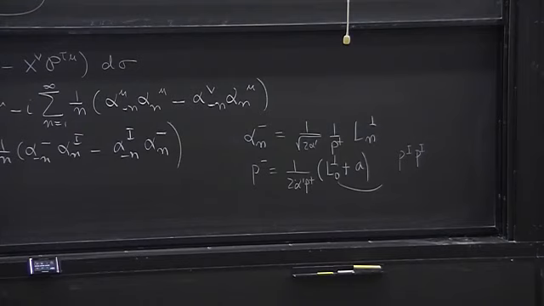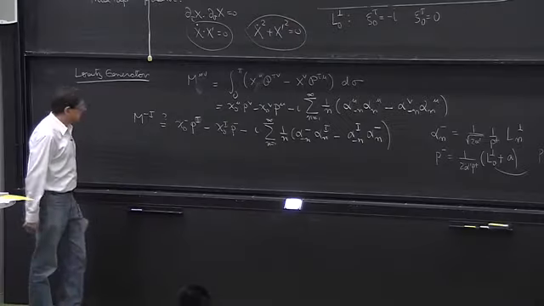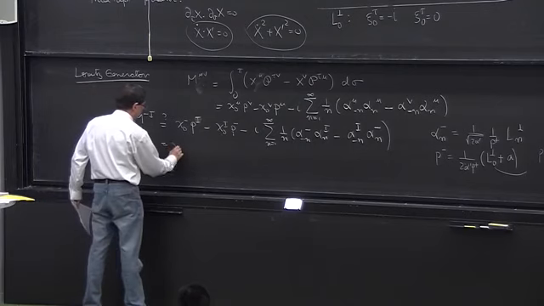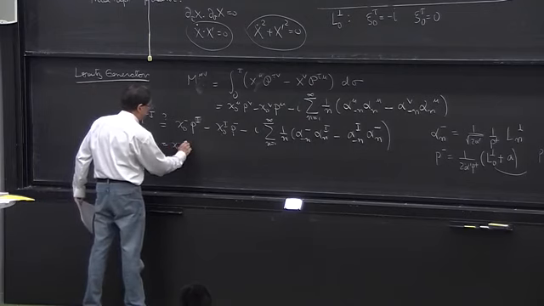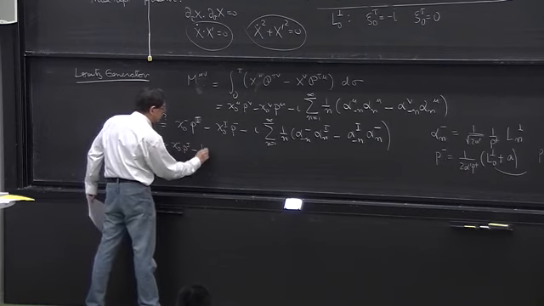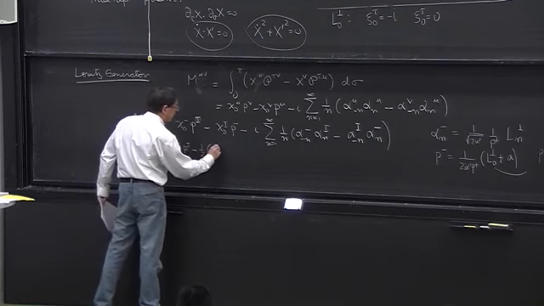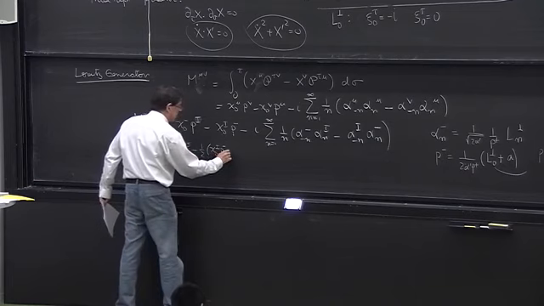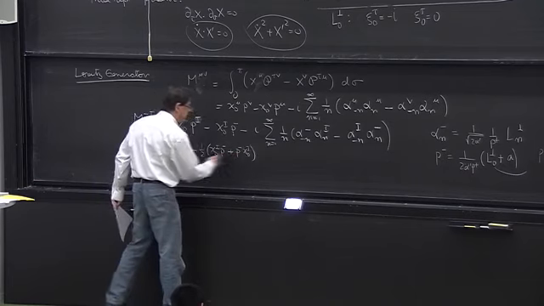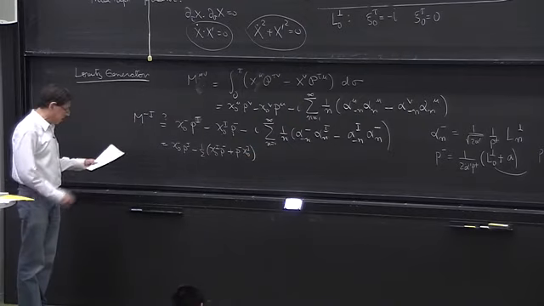So x0^i doesn't commute with it, and you have to do a little improvement here. We saw that in the case of the particle: you put minus 1/2 (x0^i p^− + p^− x0^i). You make it Hermitian by hand.